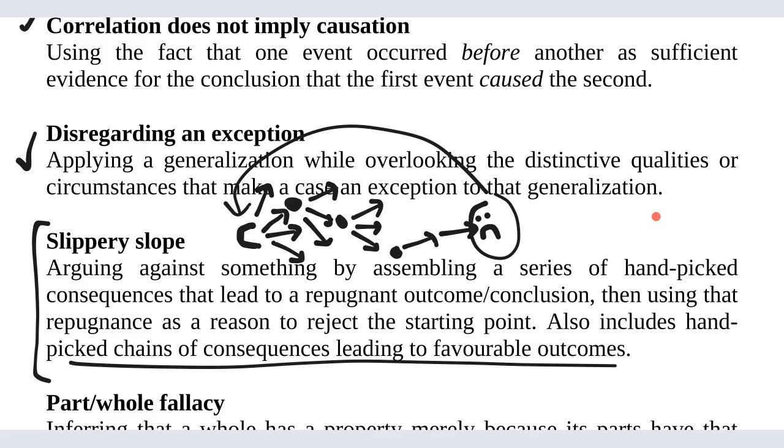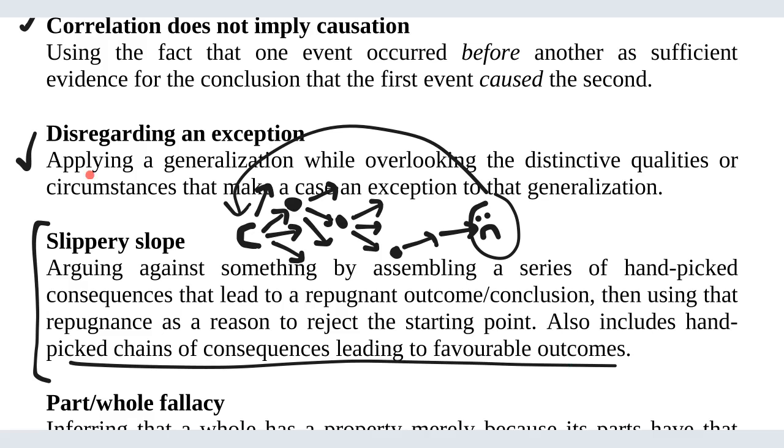So when you string together 3 or 4 or more if-thens, already it's kind of shady, especially if at each step you're choosing, of the many consequences, some as opposed to others, and you never mention the others. Kind of like the false alternatives, never mention the ones that you've overlooked. I've mentioned here that sometimes it's for favorable outcomes.